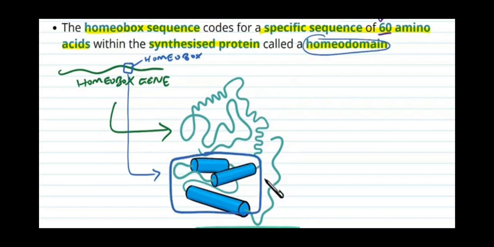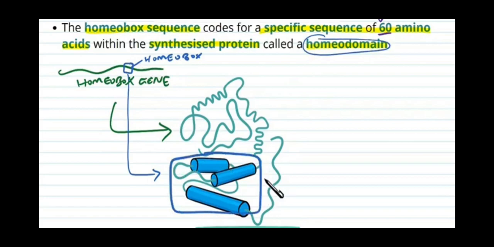homeodomain. As you can see, the dark green single line represents the Homeobox gene. A small square represents the Homeobox, and from the Homeobox gene the protein is synthesized, which is somewhat curved, zigzag in appearance.